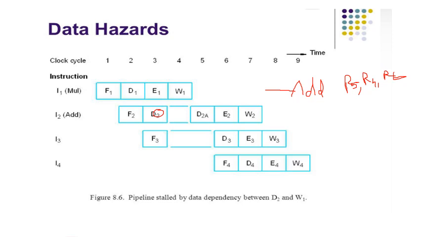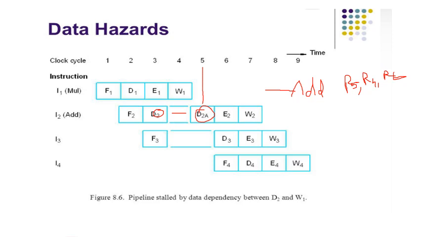Hence, the decode step of the instruction cannot be completed until the write step of the multiplication instruction has been completed. Completion of step D2 must be delayed to clock cycle 5, and is shown as D2A in the figure.